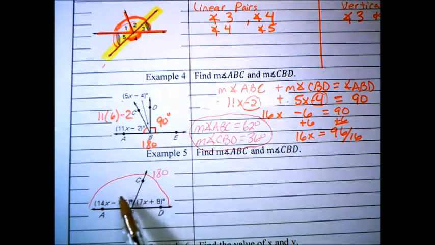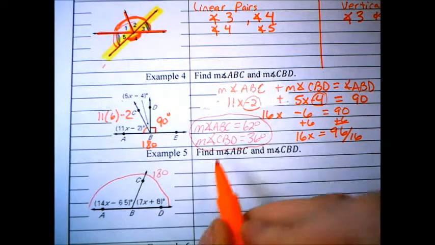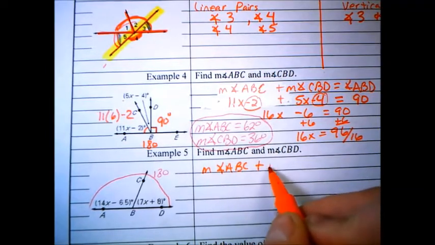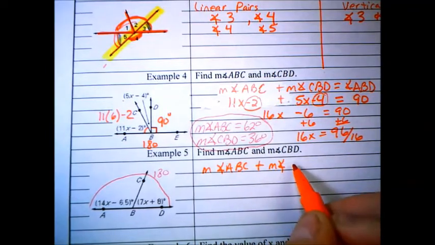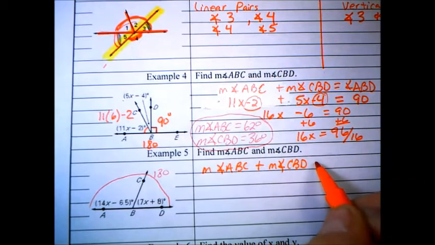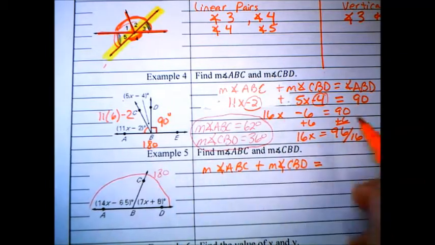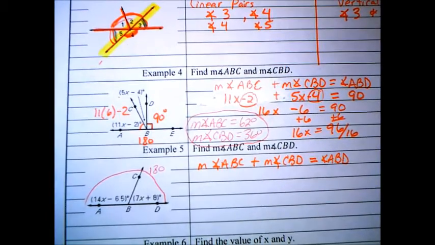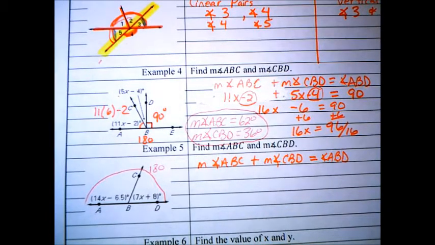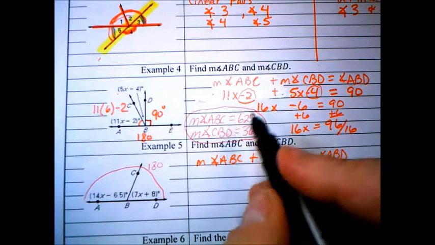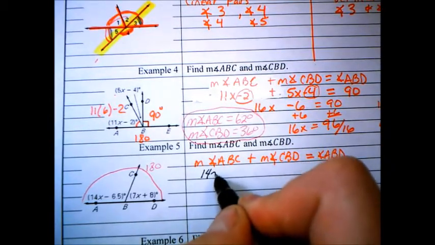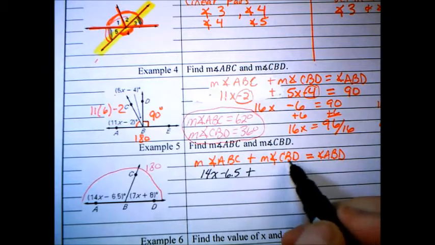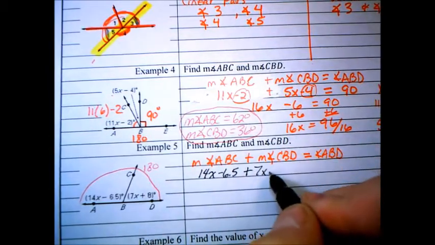So I'm going to take the measure of angle ABC and add it to the measure of angle CBD to equal the supplementary angle that is actually ABD. Alright, ABC, replacing it, is 14x minus 6.5 plus the CBD, which is 7x plus 8, and it has to equal how much?